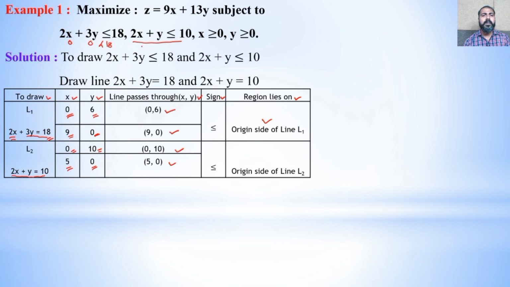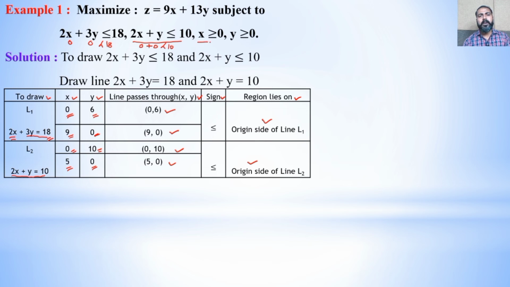When we put x is equal to 0 and y is equal to 0 in LHS of inequation second, we get 0 plus 0 which is equal to 0, and we know that 0 is less than 10. Hence, origin satisfies the inequation. Hence, the region is origin side of line L2.